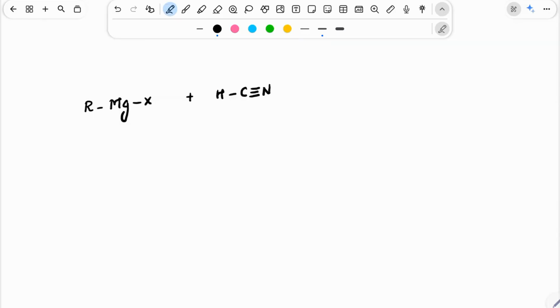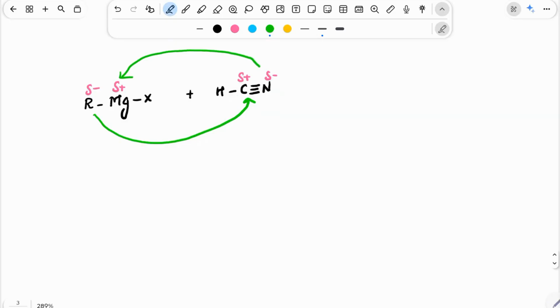Now, how can we prepare aldehydes and ketones? Here, in the same way, RMgX is going to add to HCN. We know very well that the carbon-nitrogen bond in HCN is what? Triple bond. If I write the polarization, where will I write plus and minus? Here R minus, Mg plus. Here, in carbon-nitrogen, nitrogen is more electronegative, so minus, and here it is plus. Right?